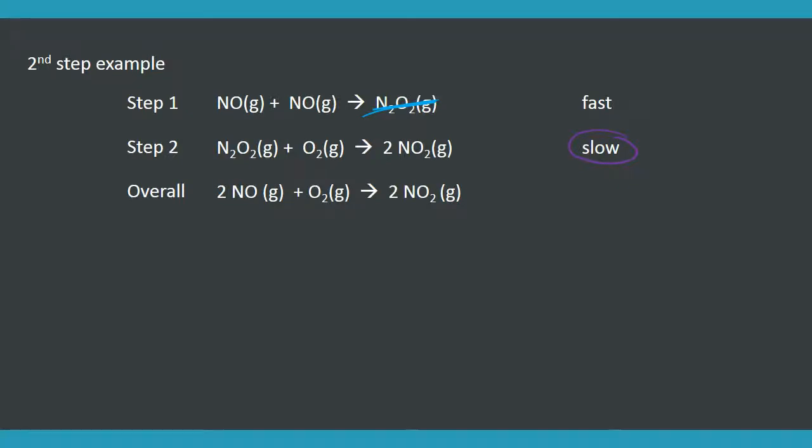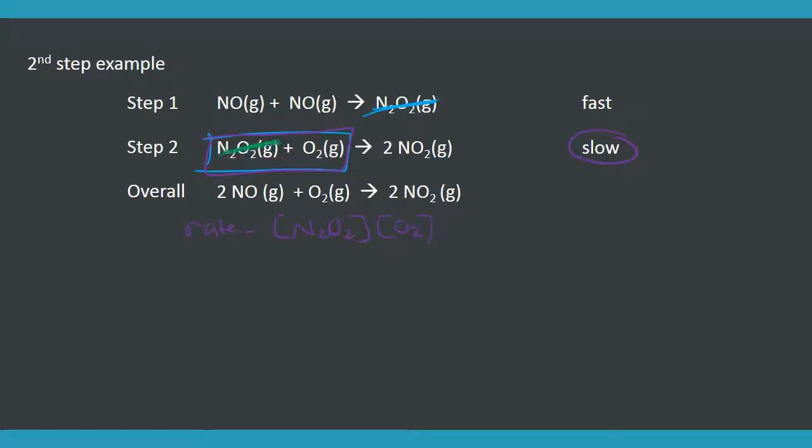So you're like, this is easy, right? If I'm in my slow step, I look at the reactants of that slow step, and you think, well, this is easy. Rate equals k times the concentration of N2O2 times the concentration of O2. You're like, score, done. Not.